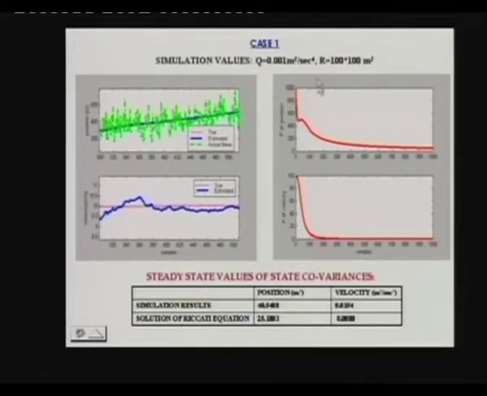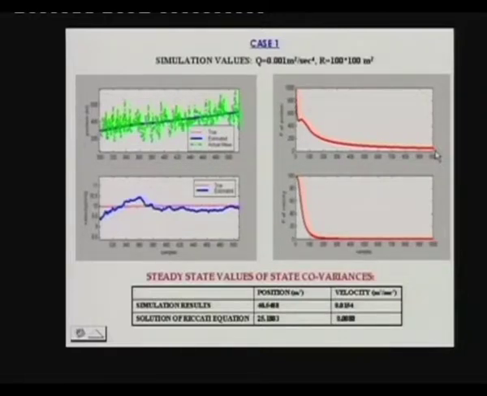Now here, just to show the asymptotic results, we have plotted the diagonal elements of P, that is, with estimation between 0 and 1000 points. You can see that as these state estimates become better and better, the state error covariance sharply falls and then reaches a steady value. So the P matrix indeed converges.